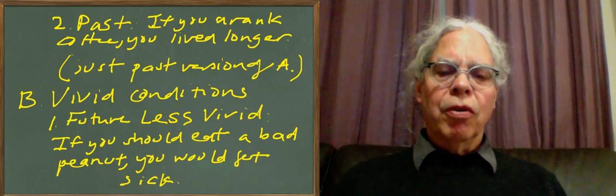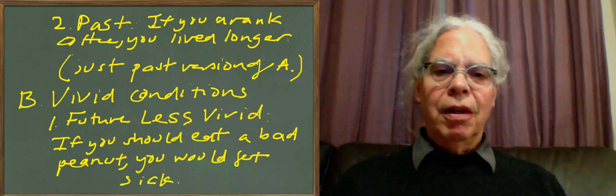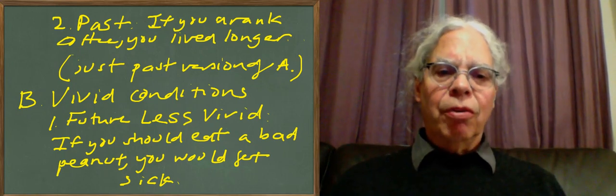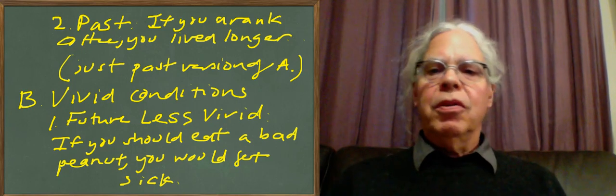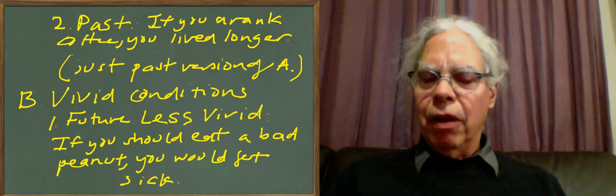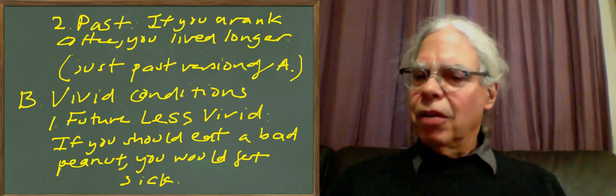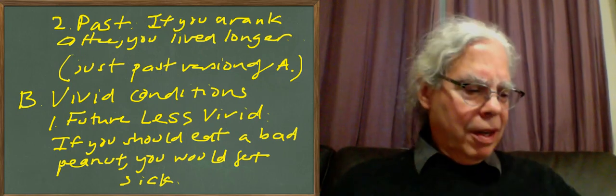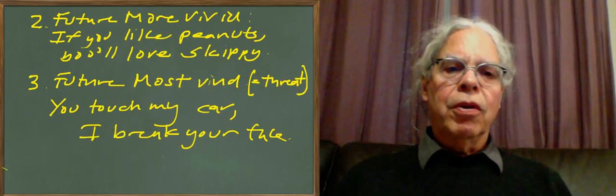And it's the future less vivid condition of the type, if you should eat a bad peanut, you would get sick. Okay? That sounds like a general rule, but if you should do it, you would. It's in a way you're trying to make the reality of the hypothesis remote. You're trying to say that's not a good idea. Don't do it. So that's a future less vivid condition.